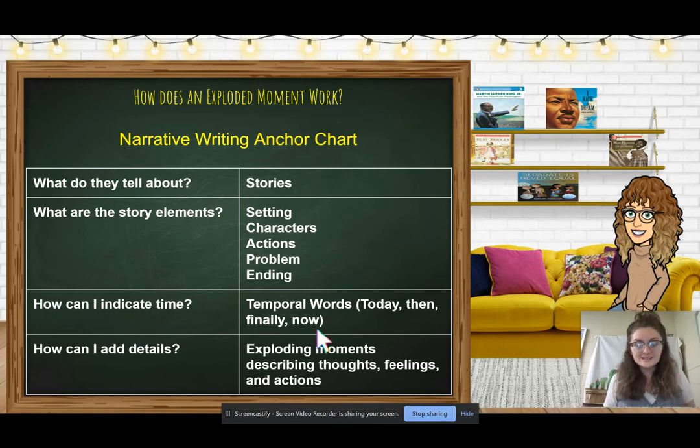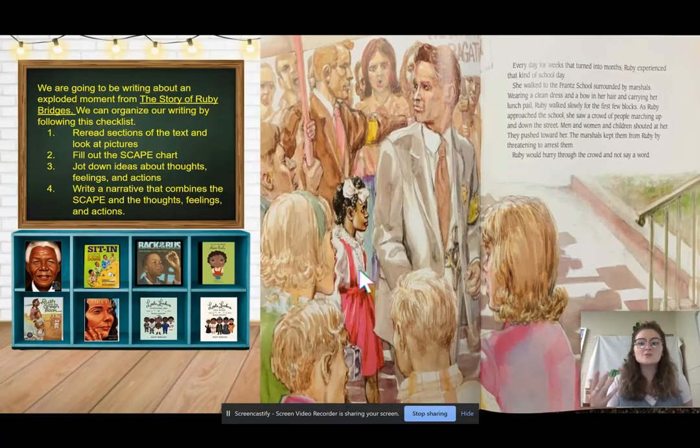And then, after we have added those elements, making sure that we add all the important parts of the story, we can add those exploded moments. Remember, exploded moments are when we describe the thoughts, the feelings, and the actions of our characters. So let's look at a page in the text.